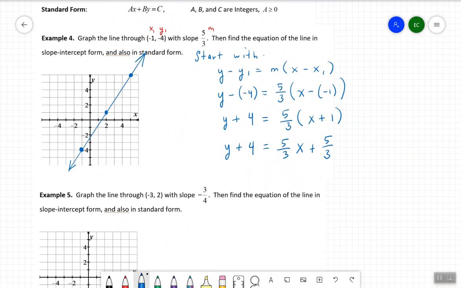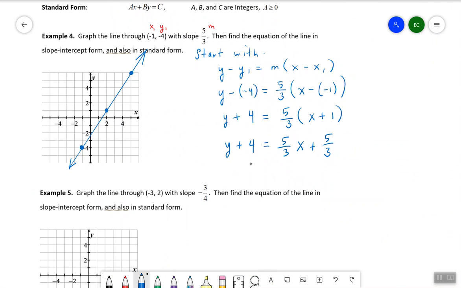And then we need to solve for y. If we're going to get it into slope-intercept form, that's what we're trying to get to. Remember, that's y equals mx plus b, so mostly that means just solve for y.